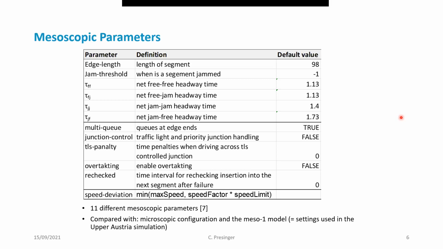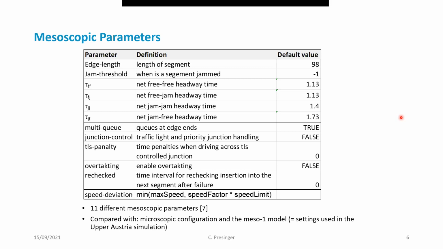So I decided to create two models. The one was a microscopic configuration, because my goal is to create a mesoscopic simulation which runs very fast, but it should be as good as a microscopic simulation, I would say.